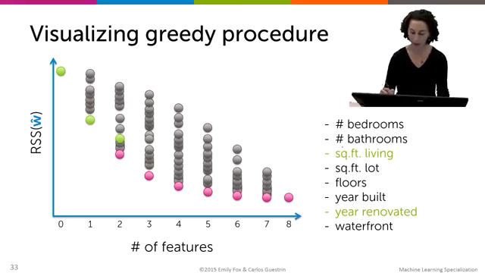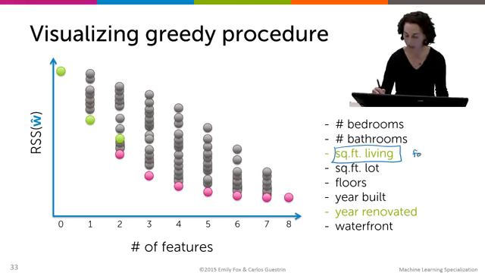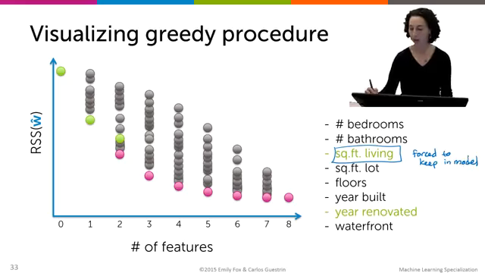But then things can start to diverge, because when we go to our second step in the greedy algorithm, we're forced to keep square feet in our model, and we're just greedily going to search over the next feature. That's why it's called greedy. I should have mentioned this previously: we're just doing the quote-unquote greedy thing of saying, what's the next best thing, the next best thing, the next best thing, and not thinking globally about what might be best.